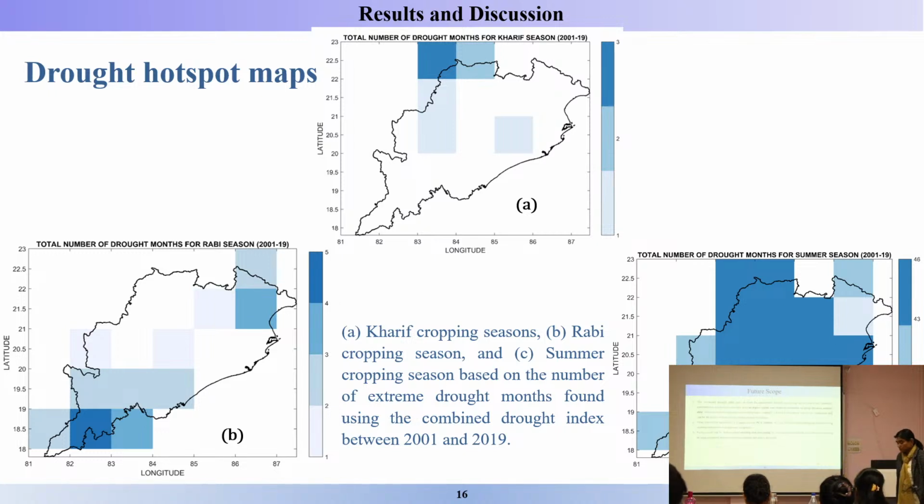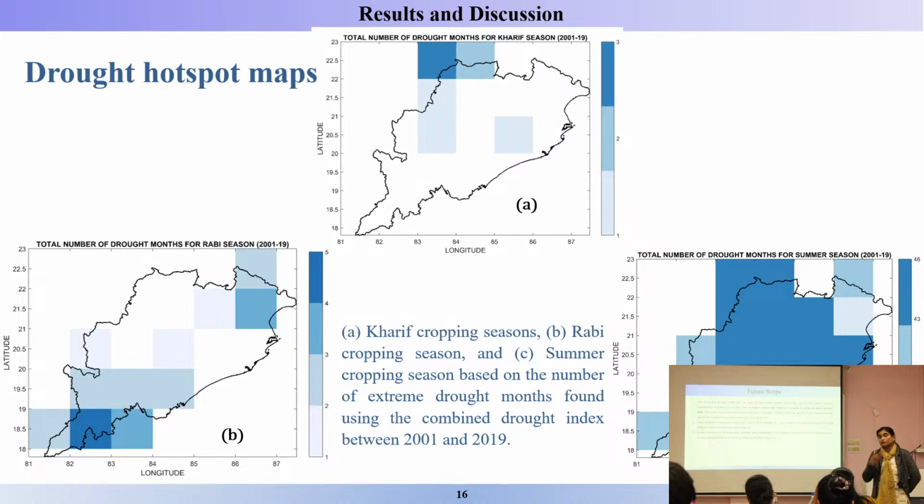Now, we have seen the results. There is a lot of scope here for extending the work. Given the limitation of data being very coarse, there were so many datasets to look at, so a lot of energy was spent on finding the best data.